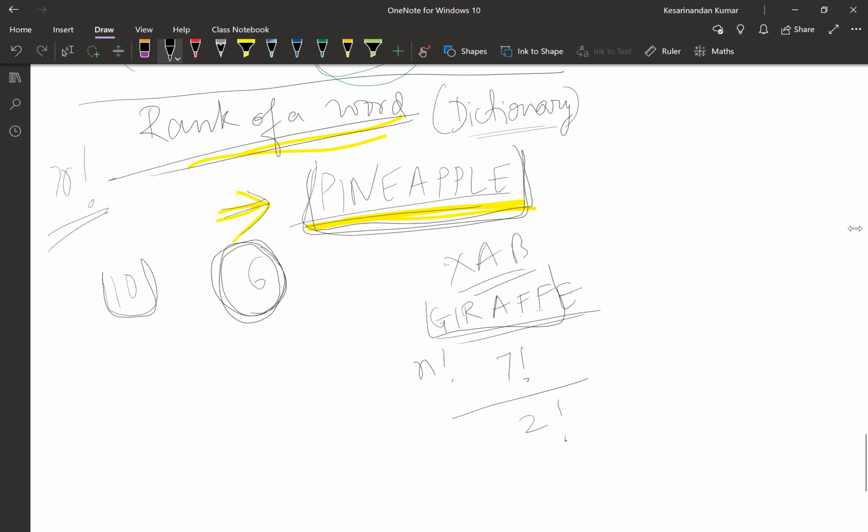Now, if I make a dictionary out of this only, what will be the first word? In a dictionary, what would be the first letter? It will start from A. Yes, it will start from A. Then after A, E. Then these 3 letters I will arrange as per it.